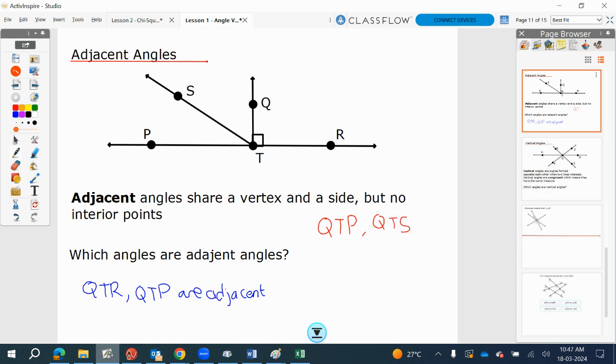No. Why not? They share a vertex. They both have this vertex. They share a side. They both have this side, QT. Why are they not adjacent? Because they share these interior points. Adjacent angles can't share the same interior points. They share all of the interior points here.